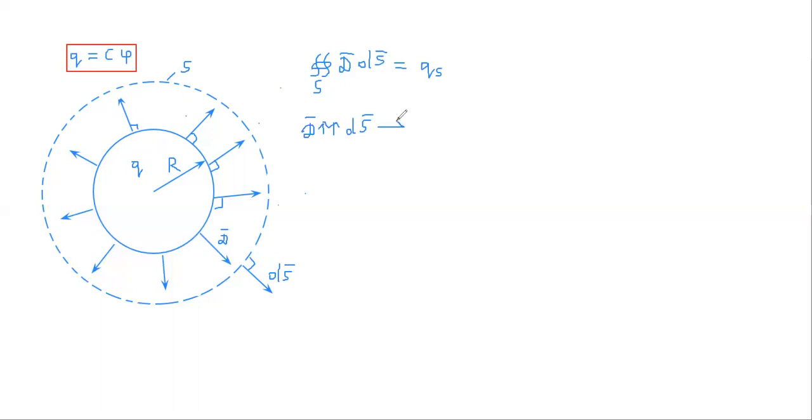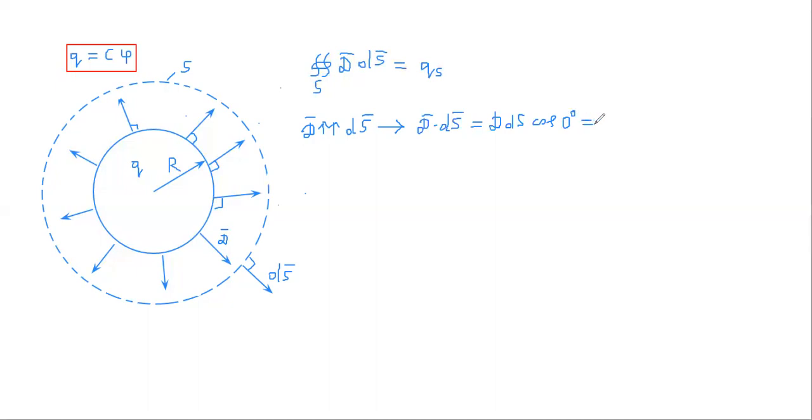And as a result of this, we have that D dot product multiplied by dS is equal to D dS multiplied by cosine of the angle between vectors D and dS, which is equal to 0 because they have the same direction.